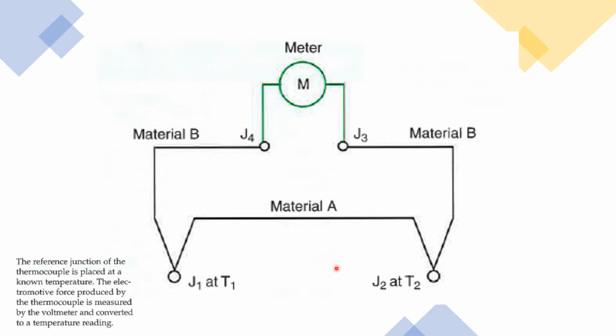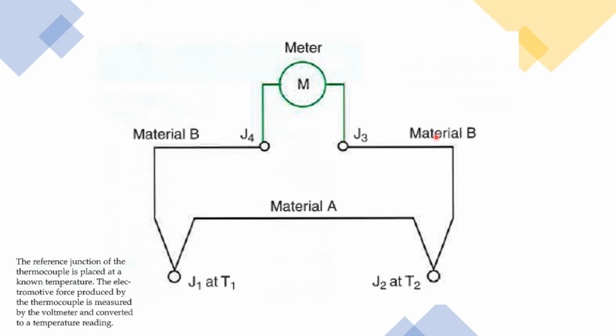The electromotive force produced by the thermocouple is measured by your voltmeter and converted to a temperature reading. Right now, J1 is just junction 1, and that's junction 2. The voltage is happening in between those two. And we've got material A and material B.